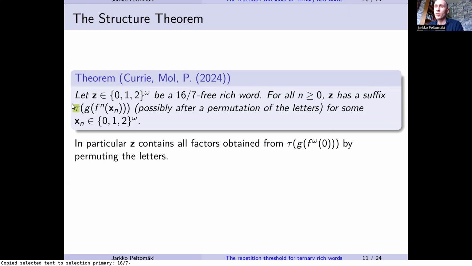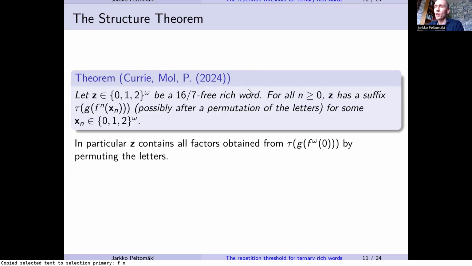First you can decode it with tau, with this transducer. It will decode it to another ternary word. That word, in turn, you can decode with this morphism G. And the word you get after decoding with G, you can decode with F n times for as large n as you like. Additionally, you might need to permute the letters at some point a bit, but that's beyond the point.